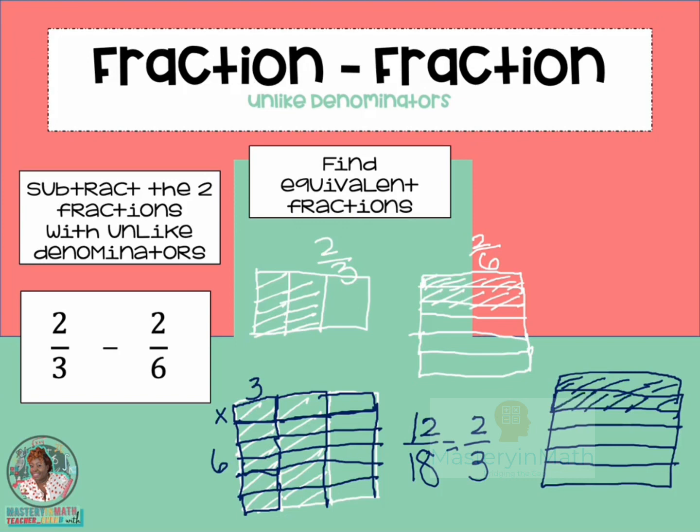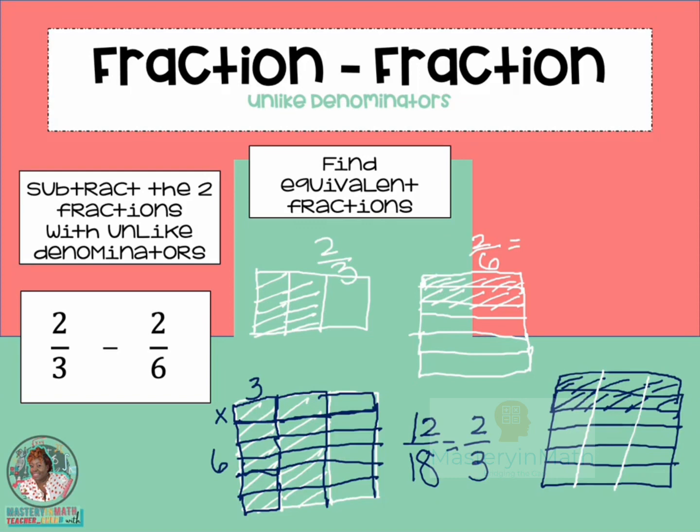And let me change my color. Now we're going to represent the thirds by drawing our lines down the same way how we did when we did 2/3. And we still have our denominator as 18, but now we need to find our numerator because remember, we're finding equivalent fractions.